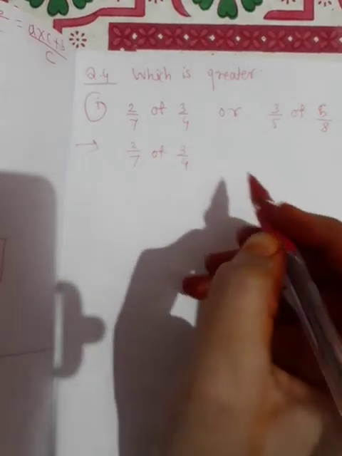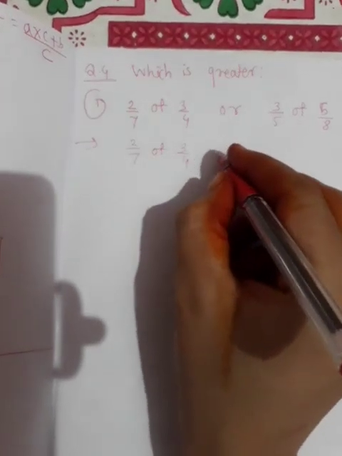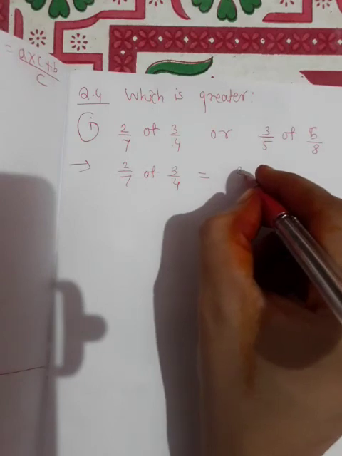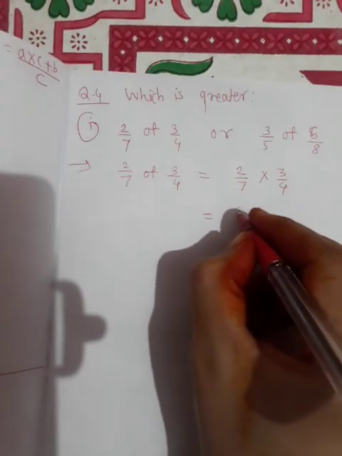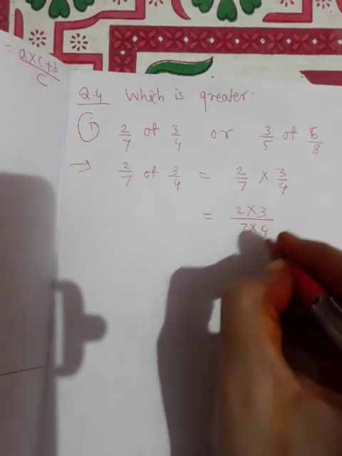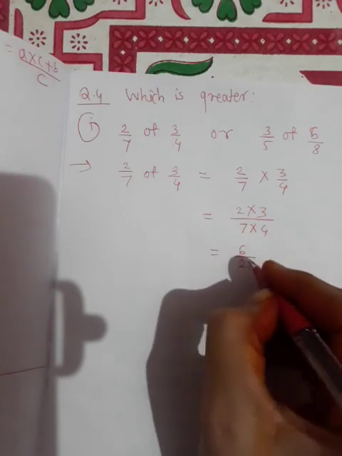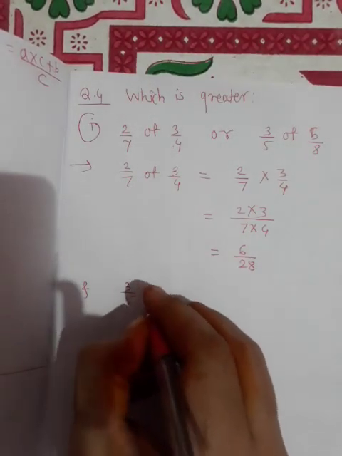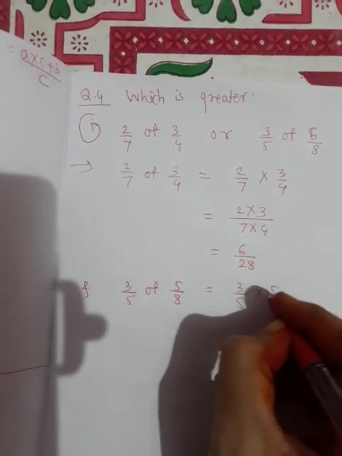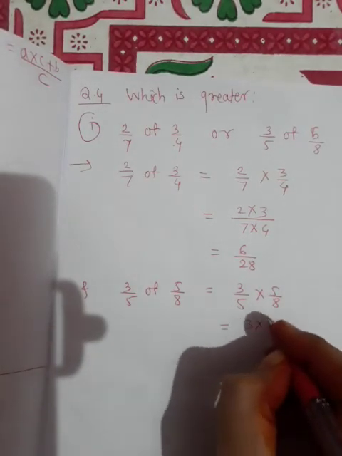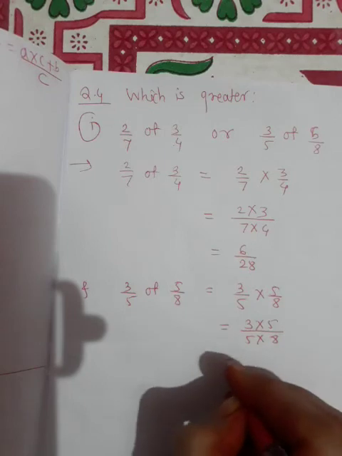So first we have to find 2 by 7 of 3 by 4, which means 2 by 7 into 3 by 4, and that is equal to 2 into 3 upon 7 into 4, that is equal to 6 by 28, and 3 by 5 of 5 by 8 means 3 by 5 into 5 by 8, that is 3 into 5 by 5 into 8, 15 by 40.